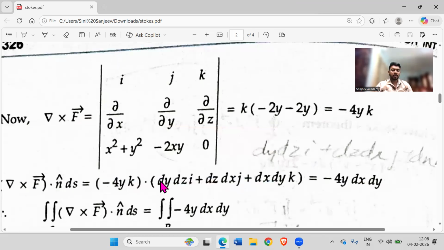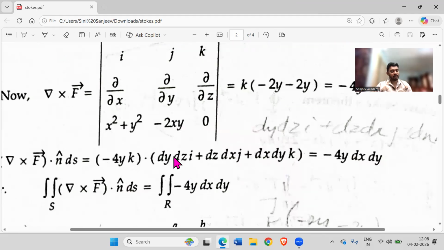For the i vector we put dy dz, for the j vector we put dz dx, for k, which is missing x and y, so we multiply only with k. So we'll get minus 4y dx dy.